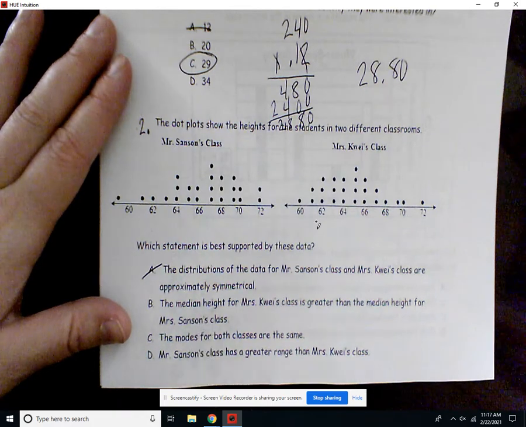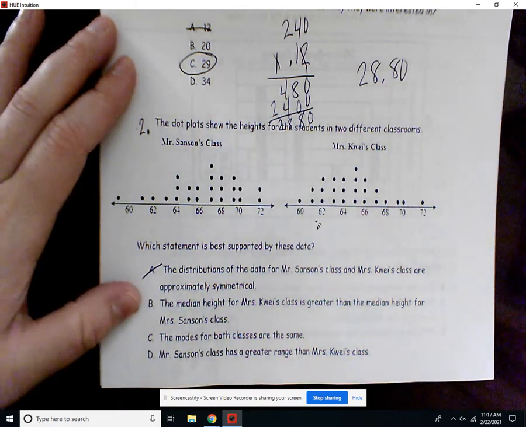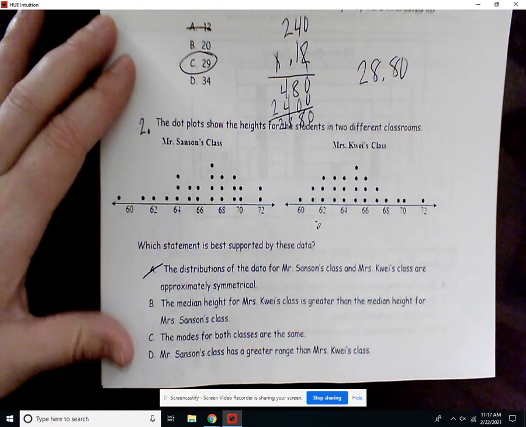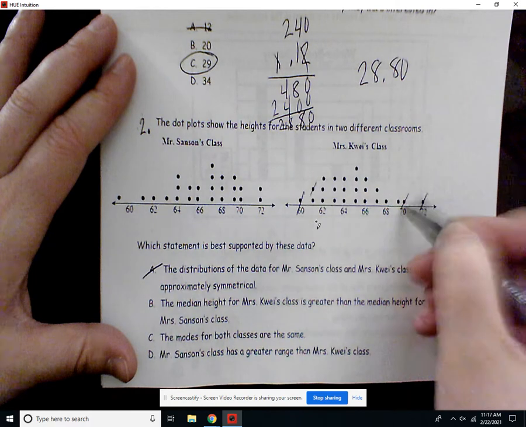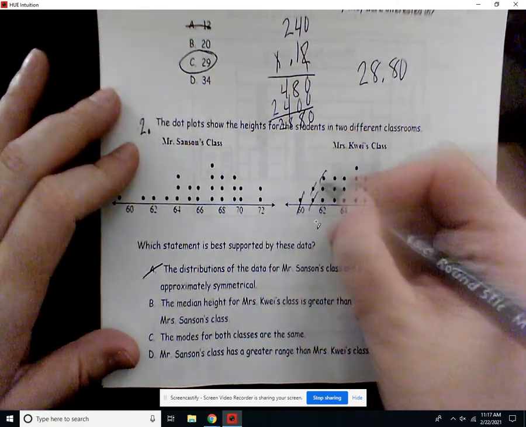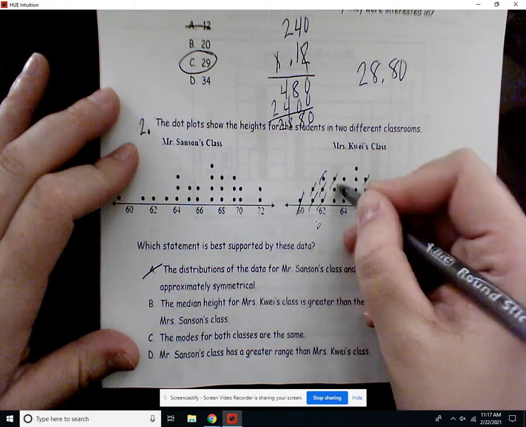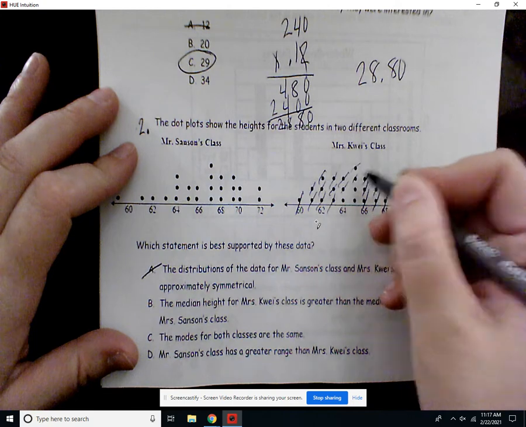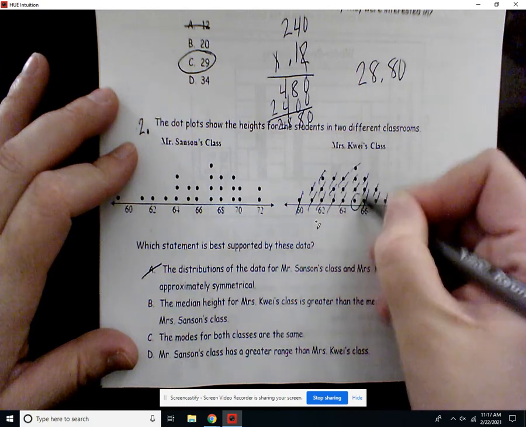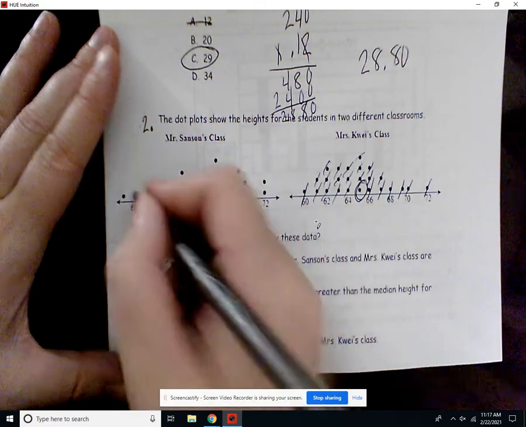The median height for Mrs. Kiwi's class is greater than the median height for Mr. Stanson's. Median is the middle, so we mark off our dots, a high and a low, to find the middle. Mrs. Kiwi's is 65.